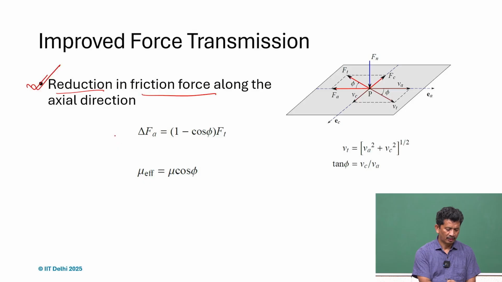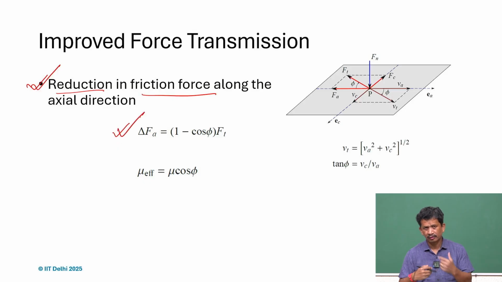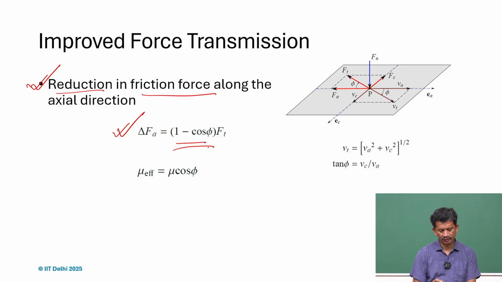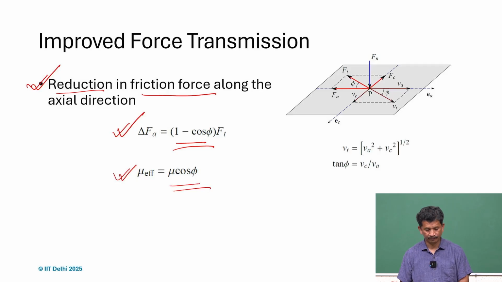Because of combining the two motions, axial versus rotation, and since initially it is Ft, the reduction will be 1 minus cos phi, and the effective coefficient of friction we can define is mu cos phi.